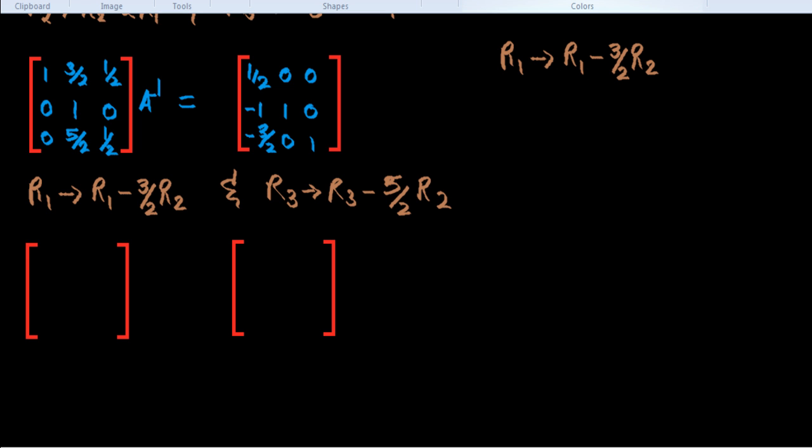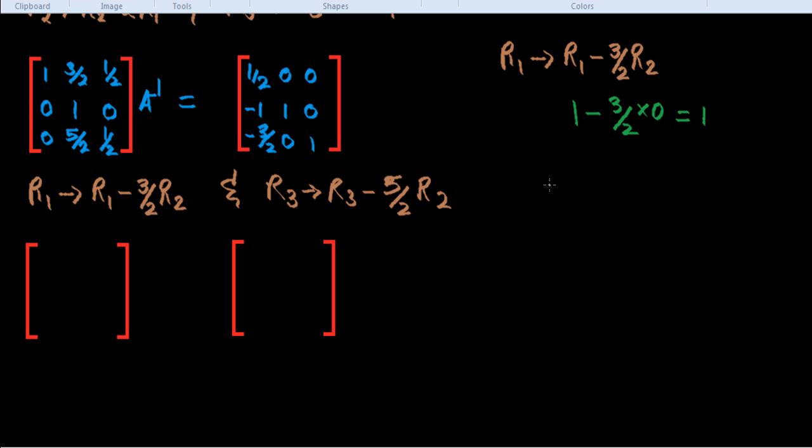So we take R1. R1 is 1 here, minus 3 by 2 into 0. In the R2 it is 0, but the corresponding elements we have to take here.